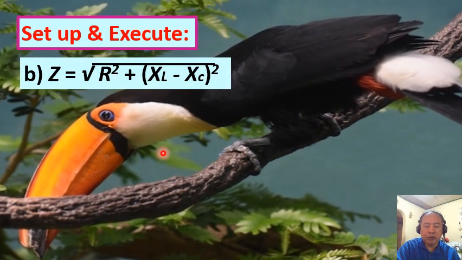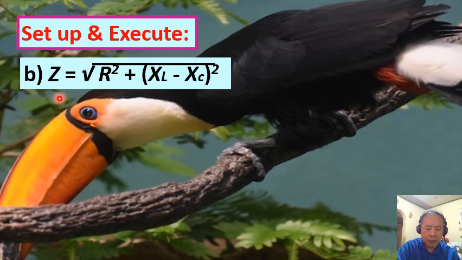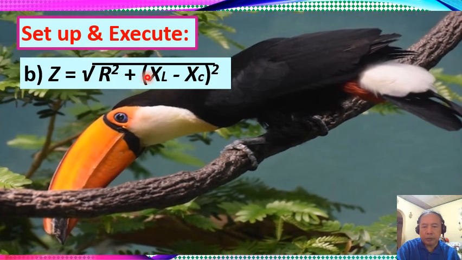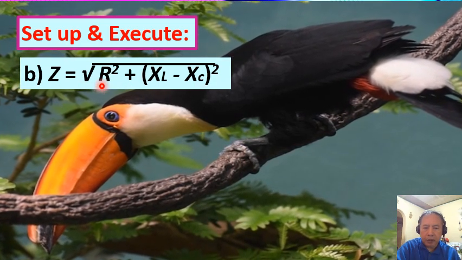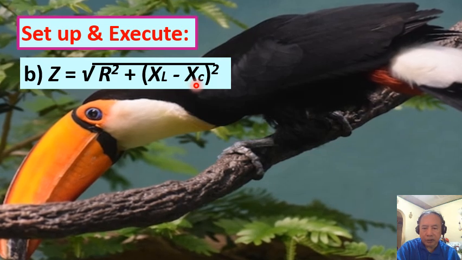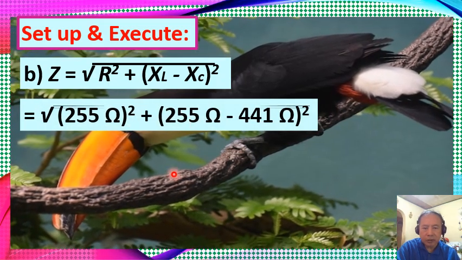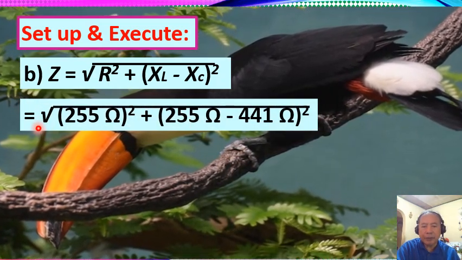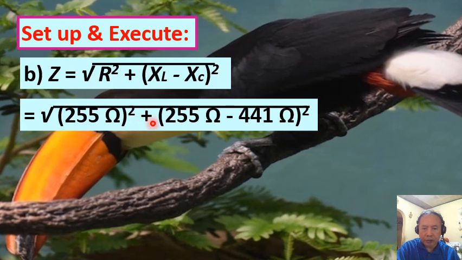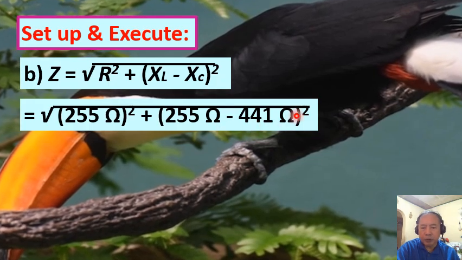Moving on now to our computation of the impedance capital Z. This is now in part B. The formula is capital Z equals the square root of big R squared plus the square of the difference between X of L and X of C. So when we substitute the given quantities, we get the impedance equals the square root of 255 ohms squared plus 255 ohms minus 441 ohms, and then their difference will be squared.